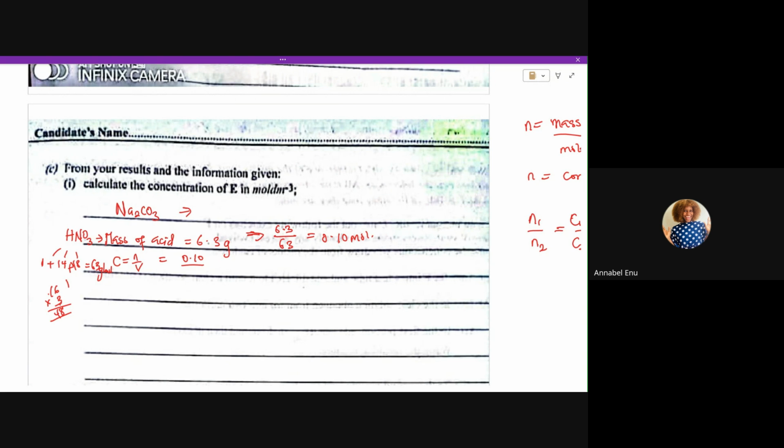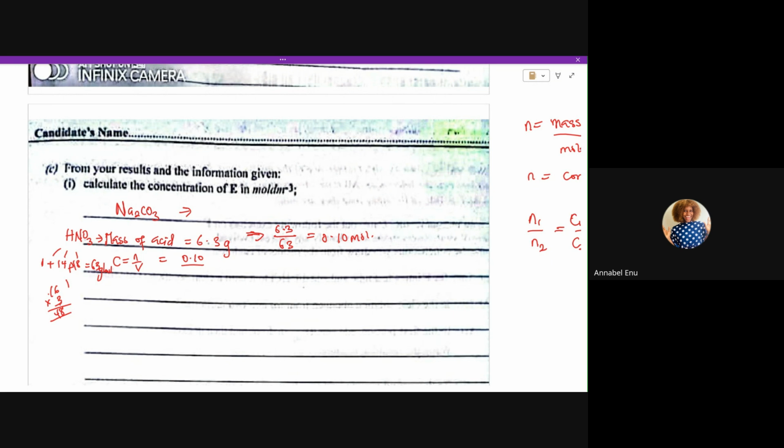Remember, the volume that is given to us is 500 centimeters cube. But then again, you see that we were asked to find our concentration in mole per dm cube. So if we are going to be using that 500, it means that our concentration is going to be in mole per centimeters cube.